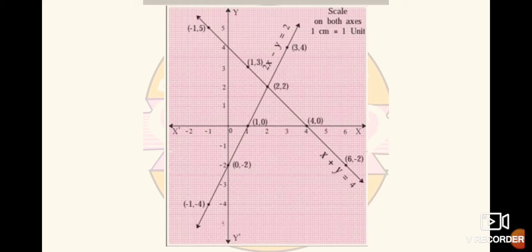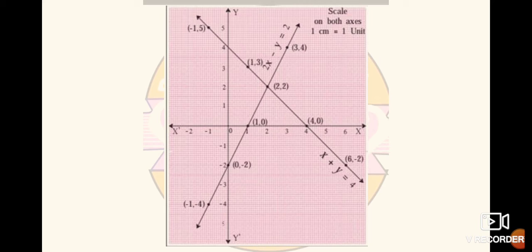Now coming to the y-axis, above 0 you have to write positive numbers, that is 1, 2, 3, 4, 5, and so on, and below the 0 you have to write negative numbers, that is -1, -2, -3, -4, -5, and so on.